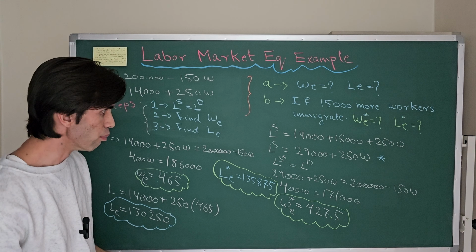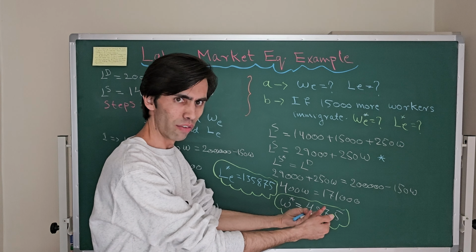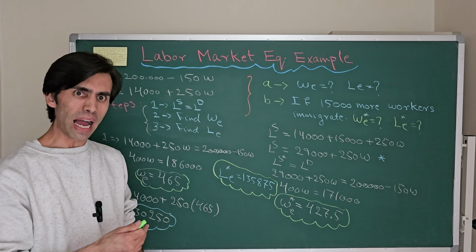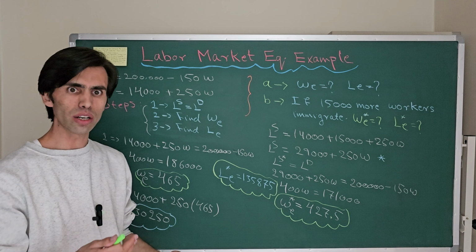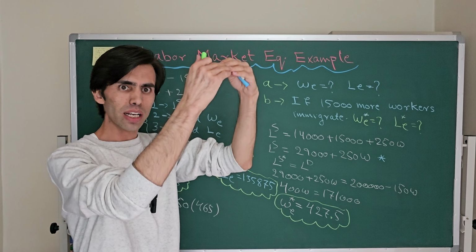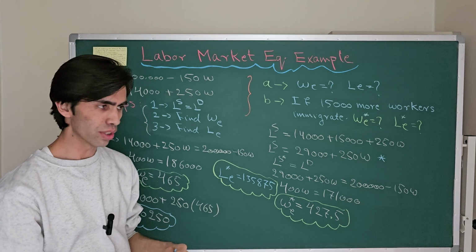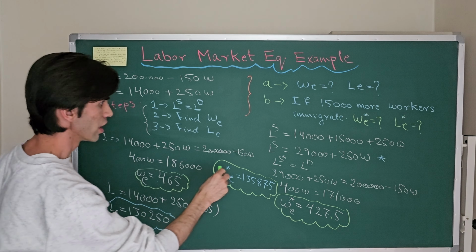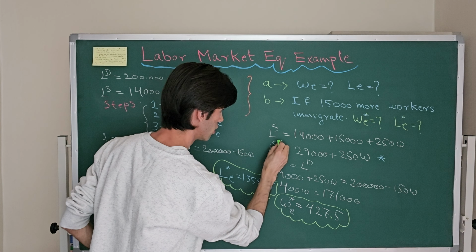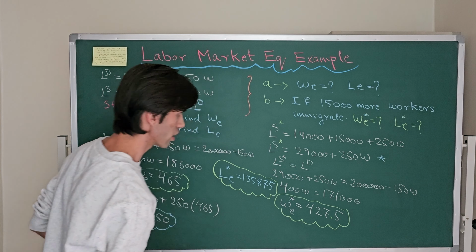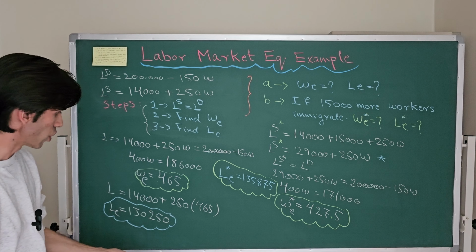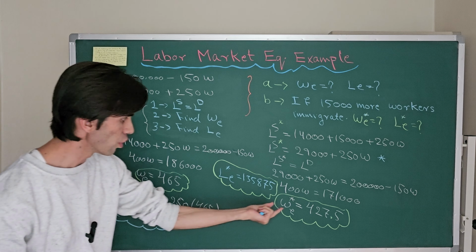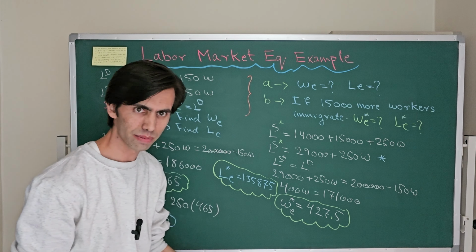The last thing: what is the impact of this immigration on the equilibrium employment? When we have more supply of labor in this labor market, by the law, when the supply increases, the wage rate will decrease. So when the supply increases from LS to LS star, with more supply, the wage rate decreases from 465 to 427.5.